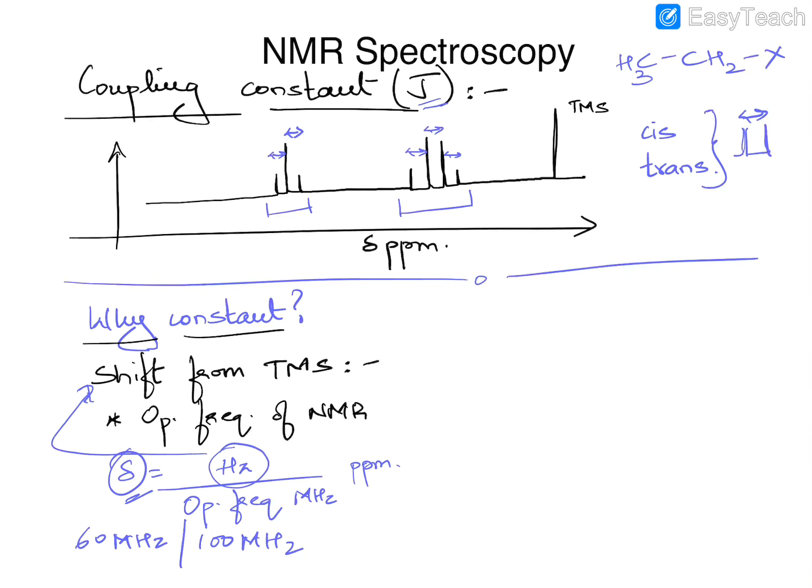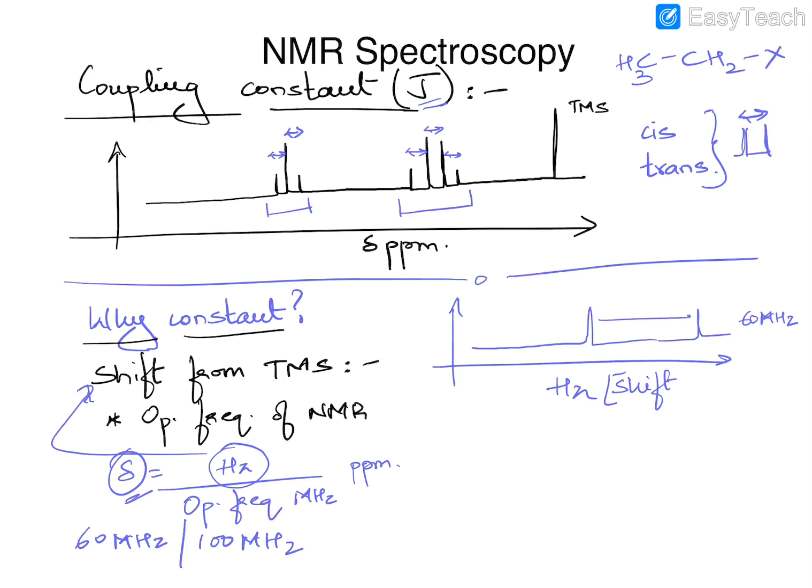So it's very clear that if we do not consider the chemical shift values and we just plot a graph with the shift in hertz, and I run one NMR at 60 megahertz operational frequency and the second one at 100 megahertz, then I'm going to see a difference between the shift values for the same nuclei when I record it at 100 megahertz as against when I record it at 60 megahertz.